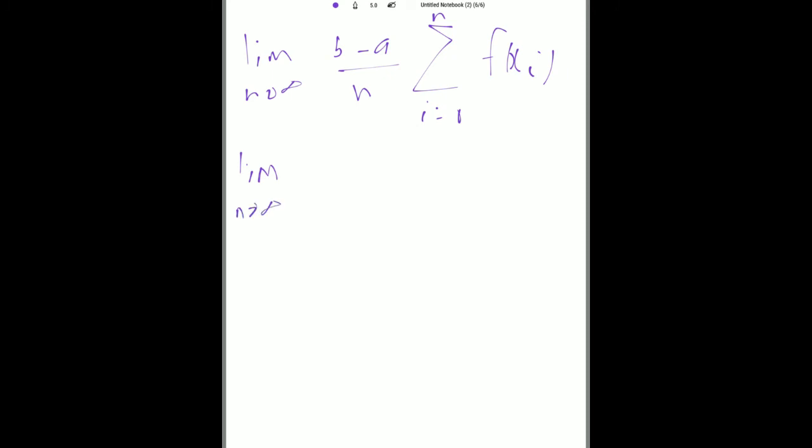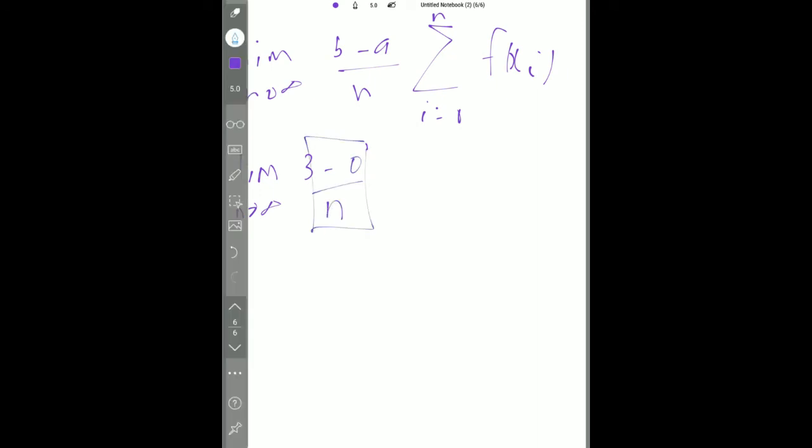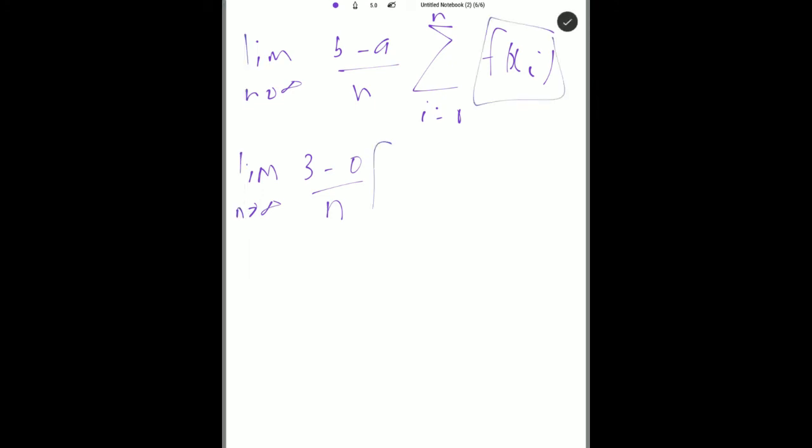What is b? b is 3, minus a being 0, all over n. This is saying that each rectangle has a base of 3 over n units. And so the corresponding f of xi value that we'll be summing will be 3 over n.